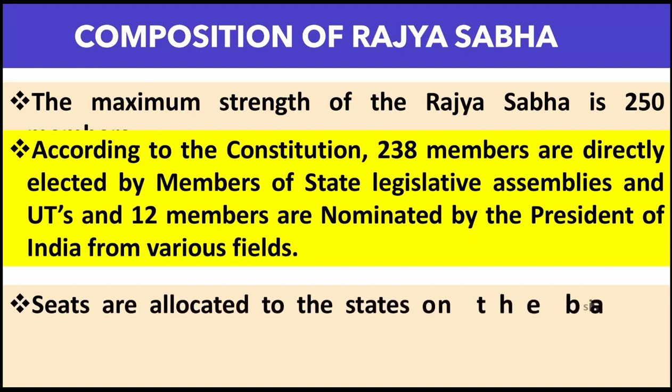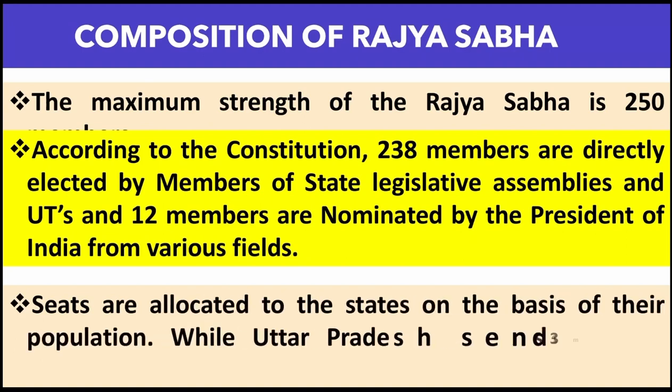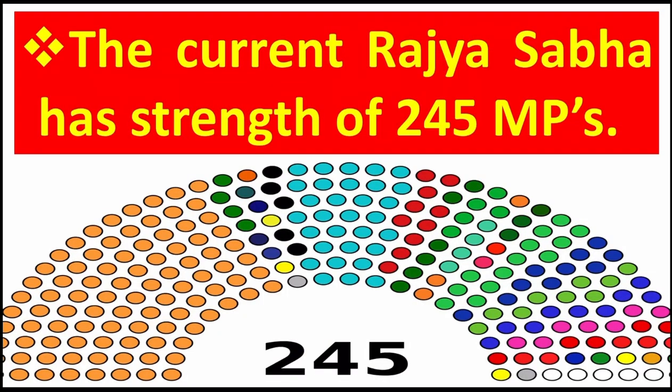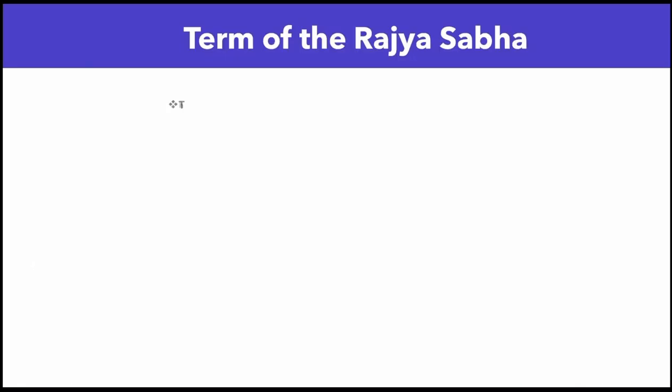Seats are allotted to a particular state or UT on the basis of population. For example, Uttar Pradesh sends 31 members while Mizoram sends 1 member according to its population. The strength of the current Rajya Sabha is 245 MPs.